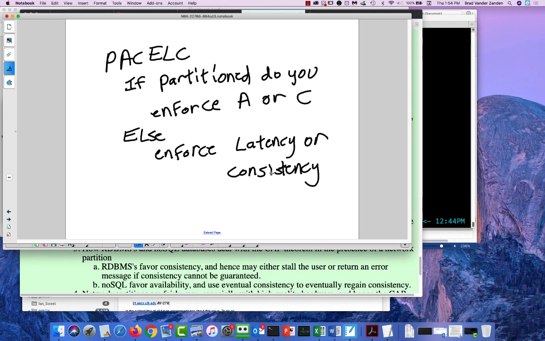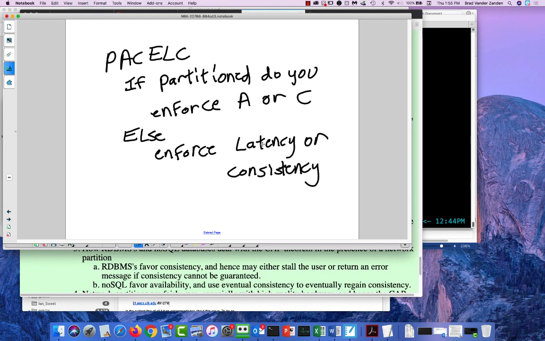So if messages are starting to be dropped, meaning partitioning is now failing, relational databases opt for consistency. So they will stop responding to your queries until they can ensure that everything is consistent.